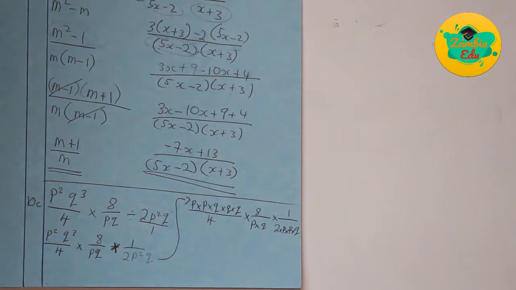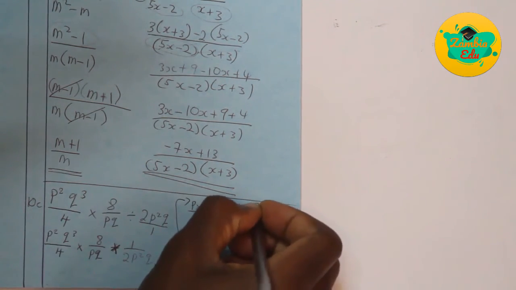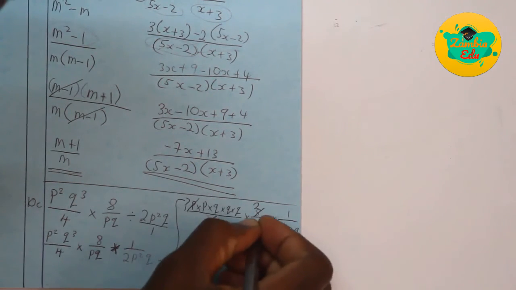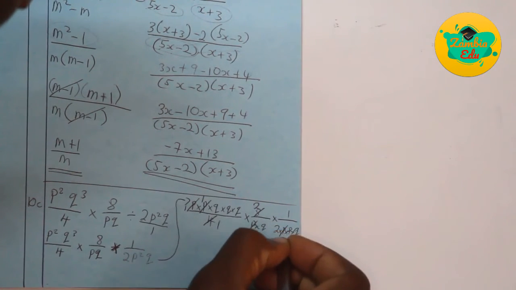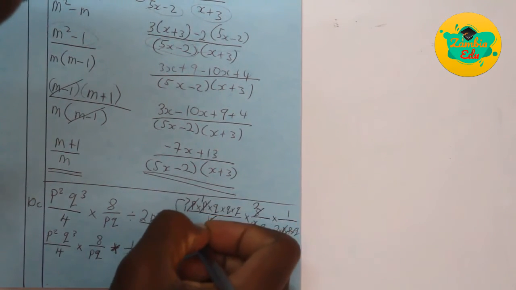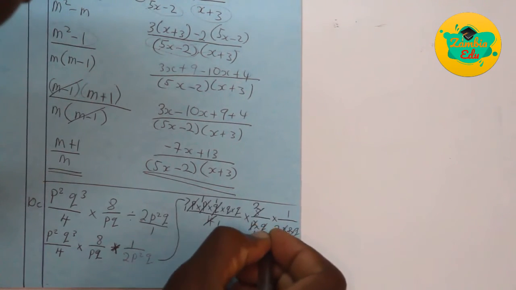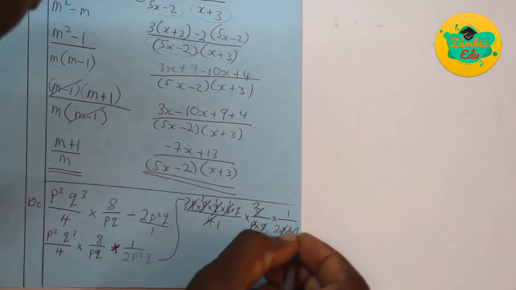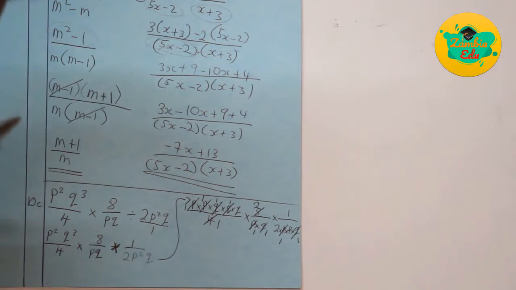So now we check our diagonals and we cancel out what is common. So 4 there, 1, 4 there, 2, p there, 1, p there, 1, p there, 1, p there, 1. Q there, 1, q there, 1, and another q there, 1, cancelling that other q there, 1.